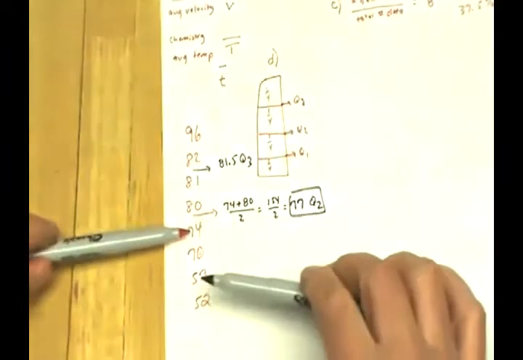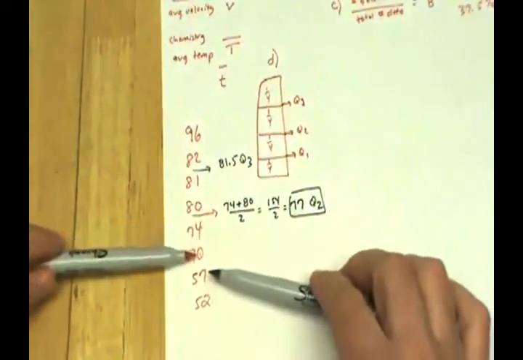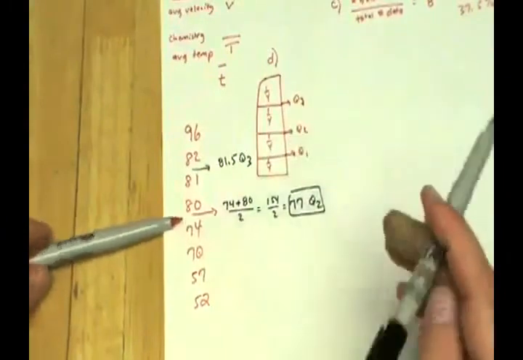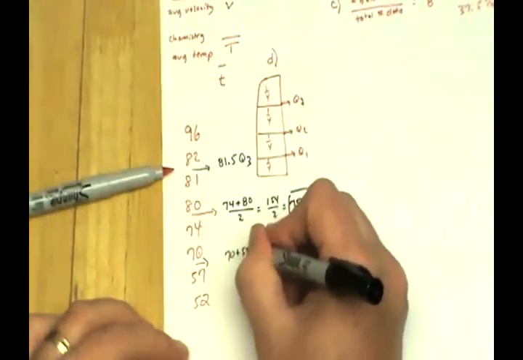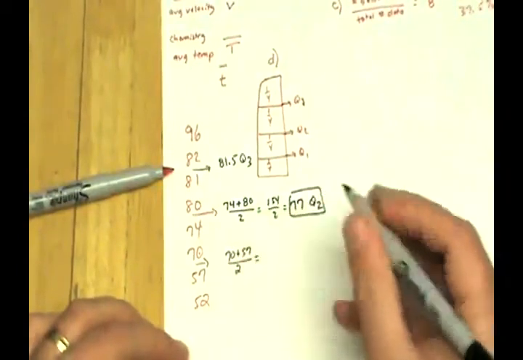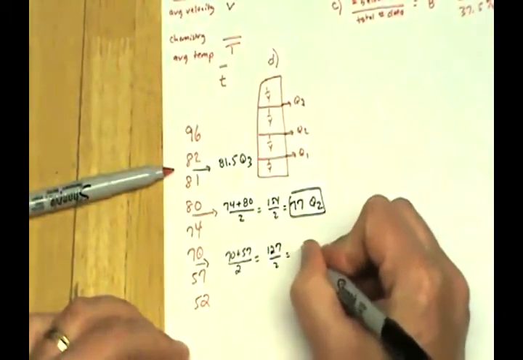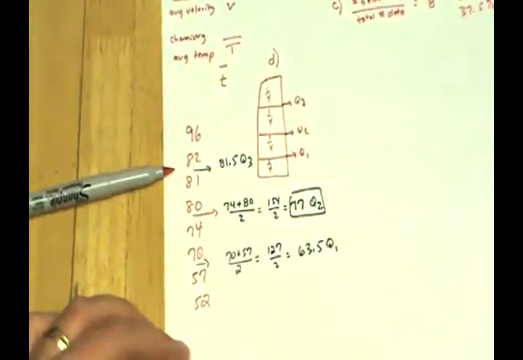And then for the bottom, 74 is the top of the bottom half, 52. I'm going to work one at a time, and I have to go between 70 and 57. So we're going to say 70 and 57 divided by 2 to get the middle. So that's going to give us 127 divided by 2, which is going to be 63 and a half, and that's Q1.